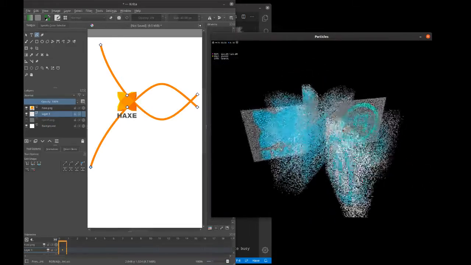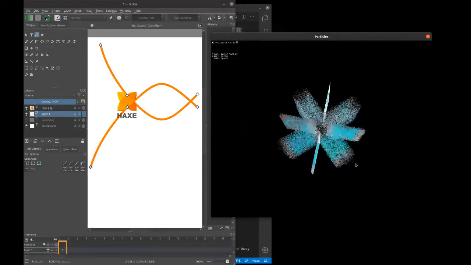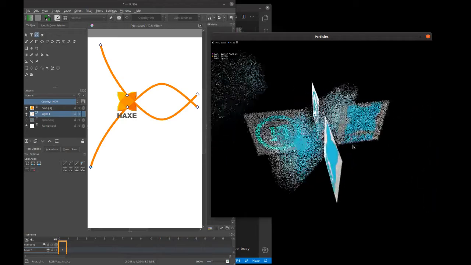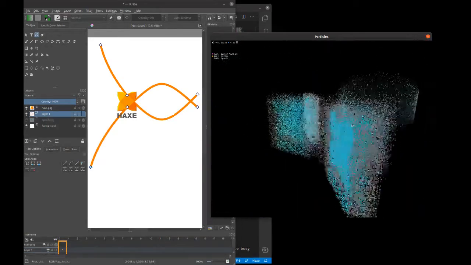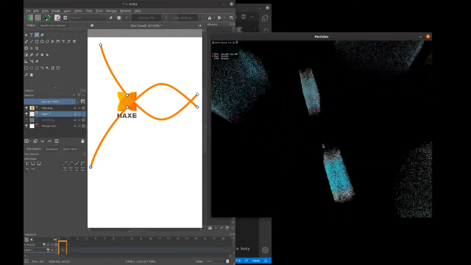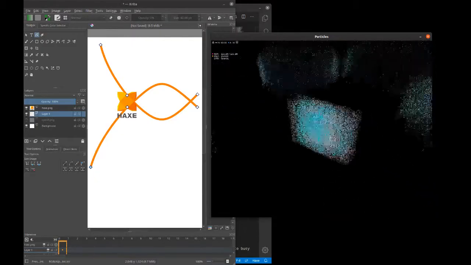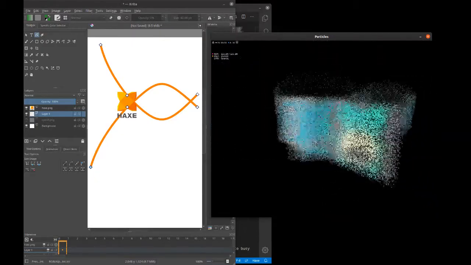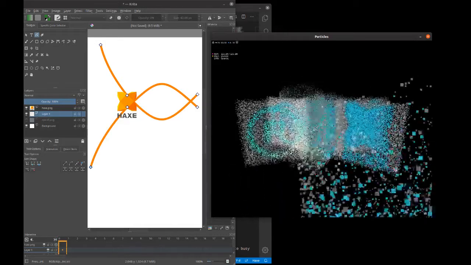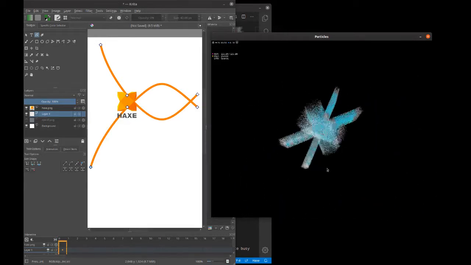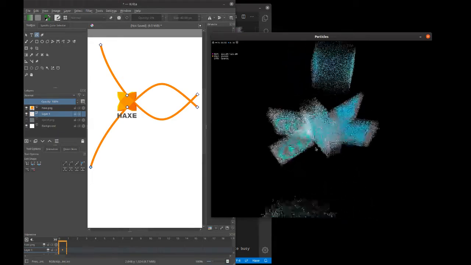Until I refresh the animation, in which case it's re-randomized. But, other than that, as long as I keep this going, the animations are exactly the same every time. Which is neat. Usable.